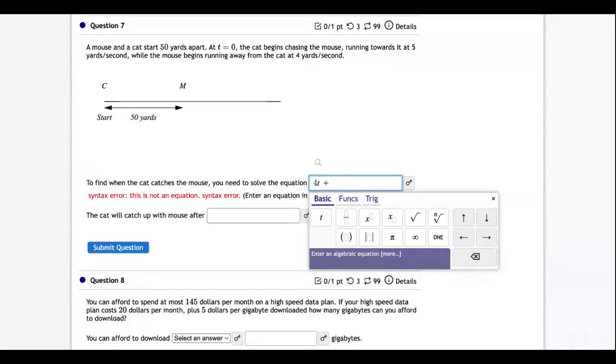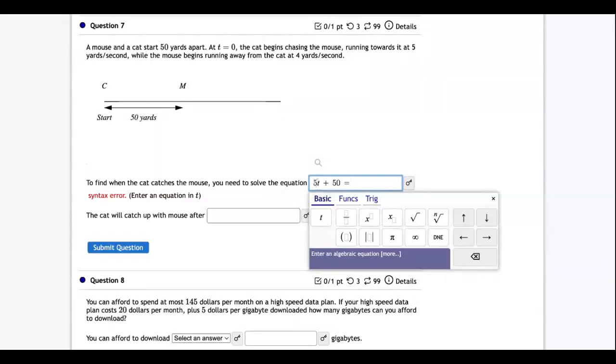In t hours, he ran that many yards. Then plus 50 yards, because 50 yards is the distance between mouse and cat. Now, when it catches it, that means the distance the mouse ran is the same as the cat ran.